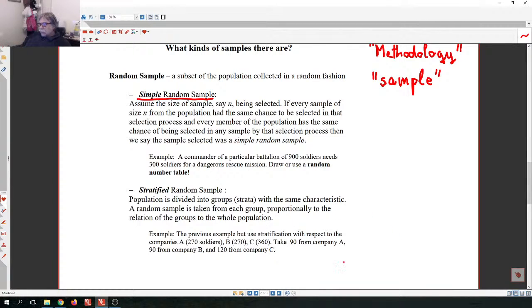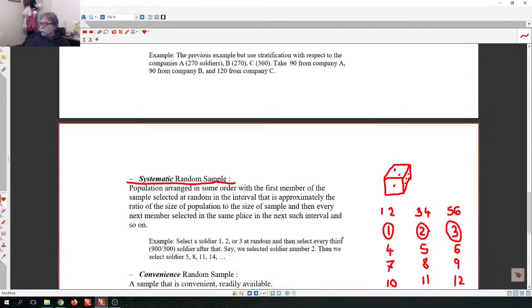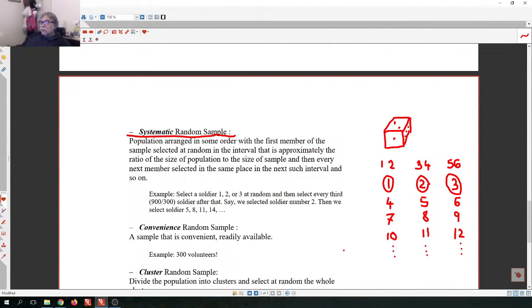But this way of lottery is actually the best methodology you could use. While this one here, while it's easier, is not the best one. So people usually, my students usually, have the problem of distinguishing between the two.